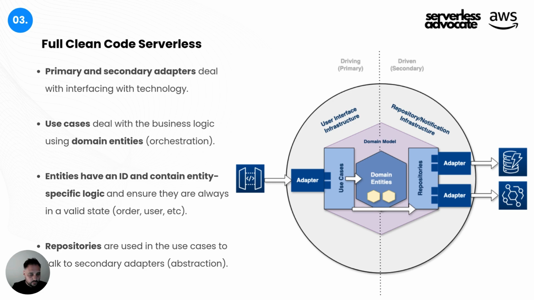So it could have its own rules and invariants on it. And then the use case would orchestrate multiple domain entities for its own wider business logic. And now use cases use repositories as an abstraction to talk out to these secondary adapters. That allows us to now change in one place in this repository file, swapping out that secondary adapter very easily.